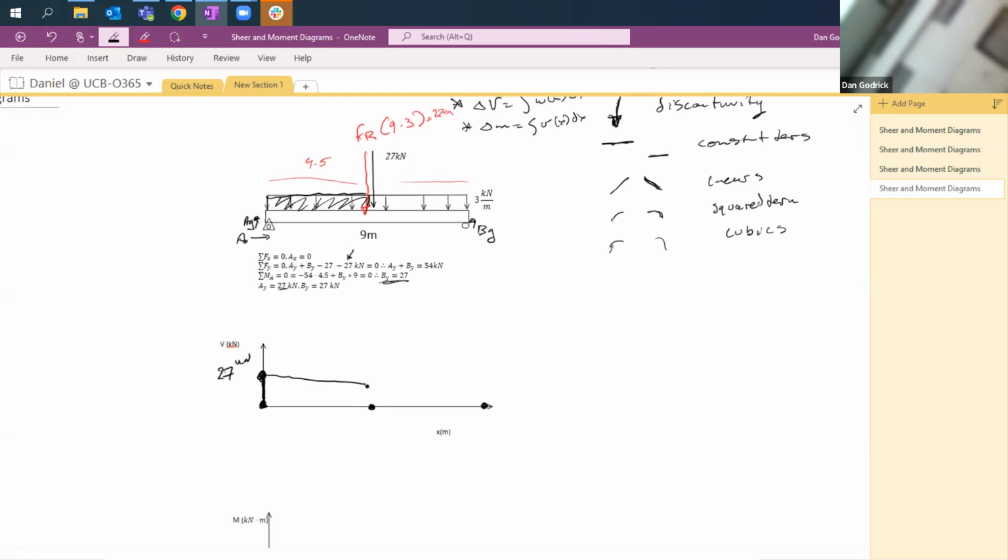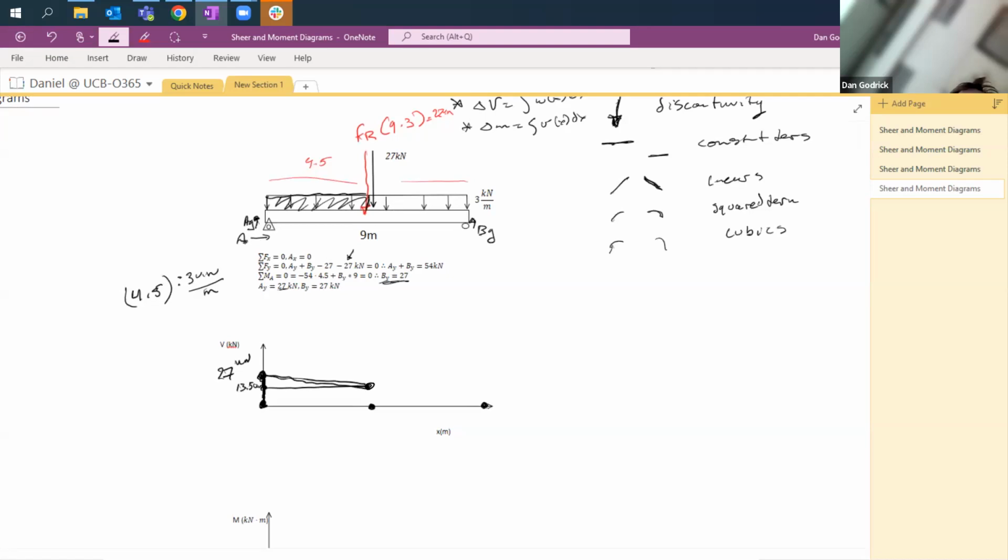So halfway down is 4.5, and our load curve is 3 kilonewtons per meter. So 4.5 times 3 is 13.5, but we know that it's acting negative, so we go down 13.5 kilonewtons.